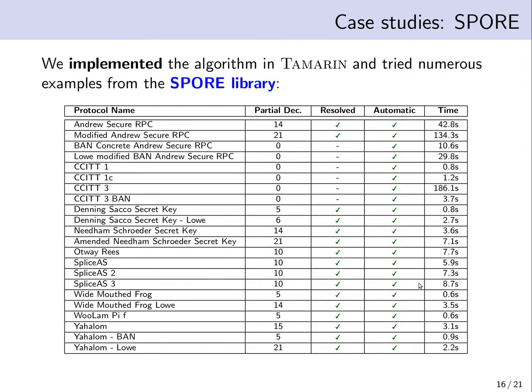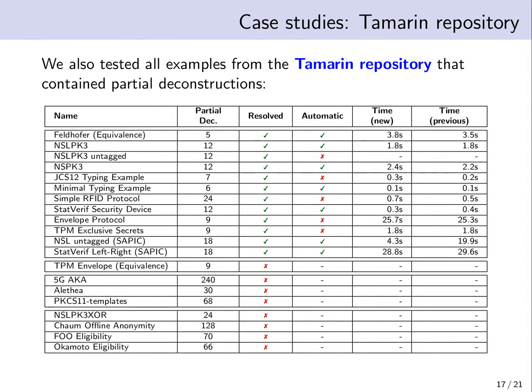So this was very nice, but these examples are relatively simple. So we asked ourselves, how are we doing with respect to more complicated examples? And to find more complicated examples, we took all examples from the Tamarin repository that contain partial deconstructions. And we removed all the manually written sources lemmas from these files, and then we ran our algorithm on it. And it turns out that for most of the examples, again, we were able to resolve the partial deconstruction and prove our sources lemma correct.